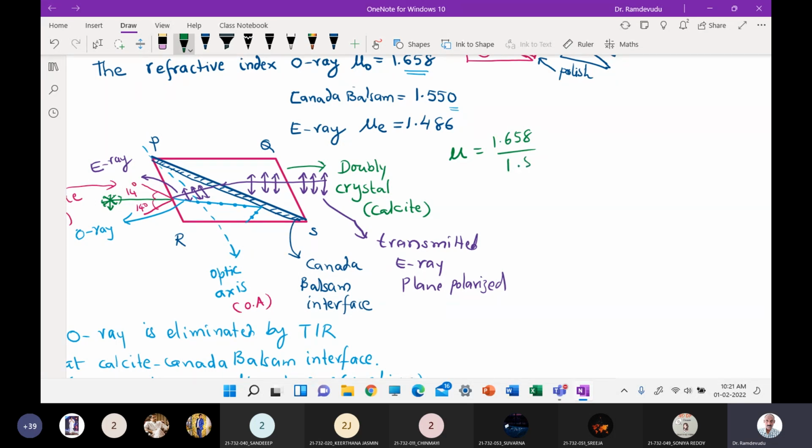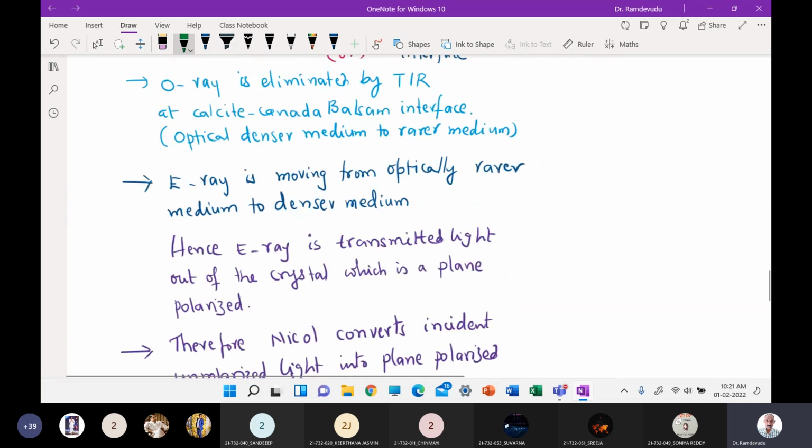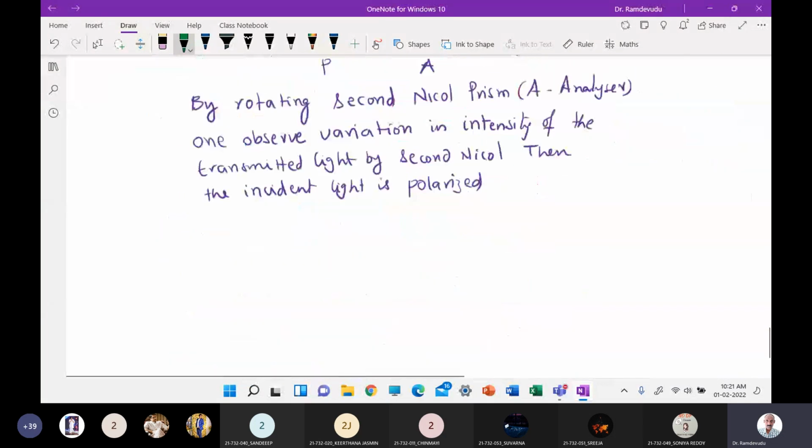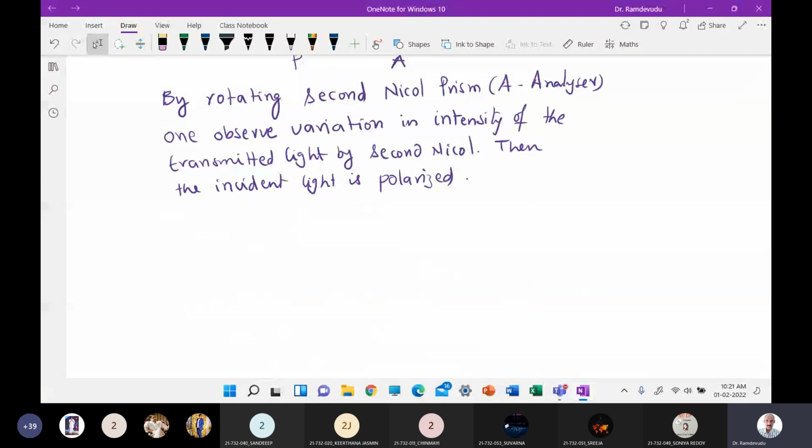If I take mu equal to 1 by sine theta c, then theta c in this case comes around 69 degrees. If you substitute and find the ratio, you get a critical angle of about 69 degrees. So thereby the Nicol can be used as an analyzer and polarizer.